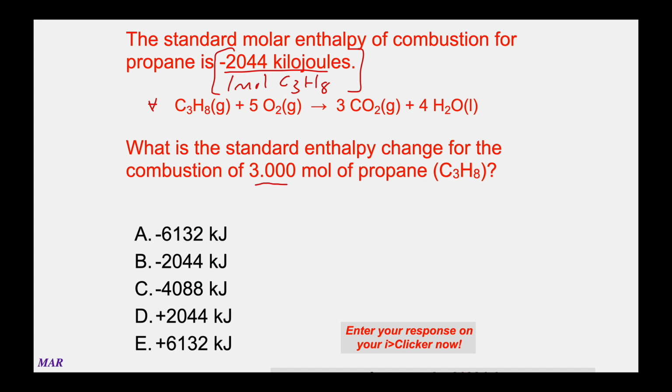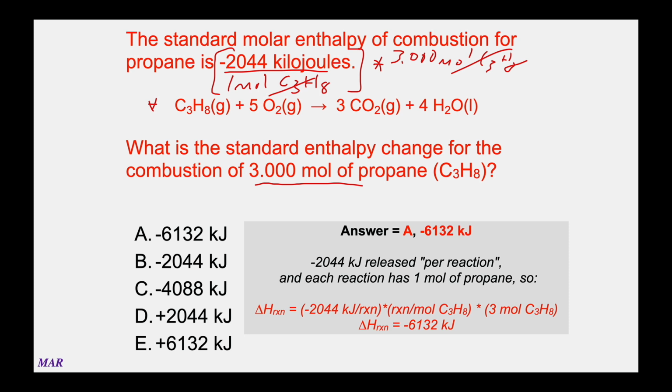And in the problem here, we have 3 moles of propane. So I'm going to write 3.000 moles C3H8. So in this problem, you basically want to take the negative 2044 and multiply it by 3. Then the moles of the propane will cancel out. You'll have just kilojoules left over.